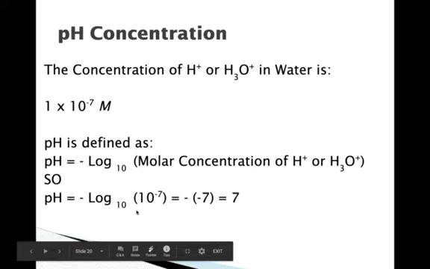Hopefully you can see where that would work out to 7. We would have the negative pH equal to the log base 10 of 10 to the negative 7th. That'd be like writing 10 to the negative pH is equal to 10 to the negative 7. And so our answer is 7.